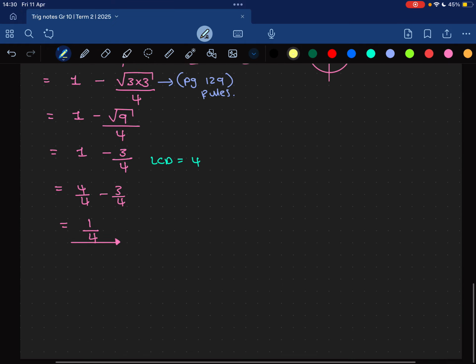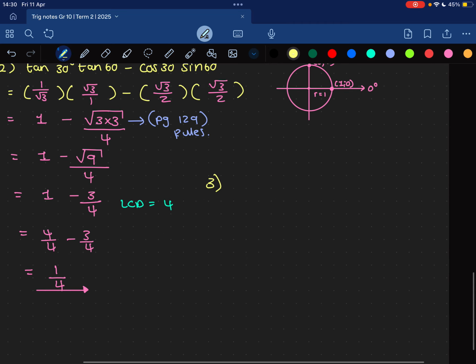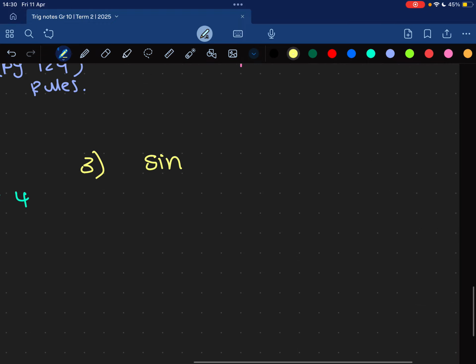Okay, then number 3 is sine of 30 to the power of tan of 45. Okay, so again, it's just special angles. So I'm going to put my brackets in.